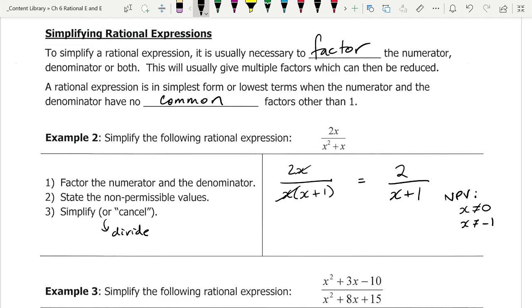So basically what I'm telling you is that for every number in the universe except for 0 and -1, this thing is equal to this thing. Pick any number you like and plug it in for x, and these two expressions will give you the exact same result. But there's 2 numbers where it won't, and that's 0 and -1, because in both cases it's undefined.